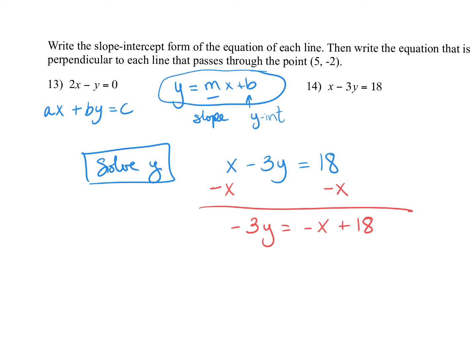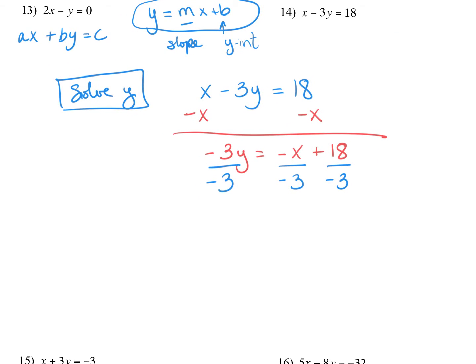And to solve for y, I have to divide by negative 3. And when you divide by negative 3, you have to divide both the x and the 18 by negative 3. Whatever you do to one side of the equation, you have to do to the other. So that means dividing both x and 18 by negative 3. When we do that, I get my y equals.